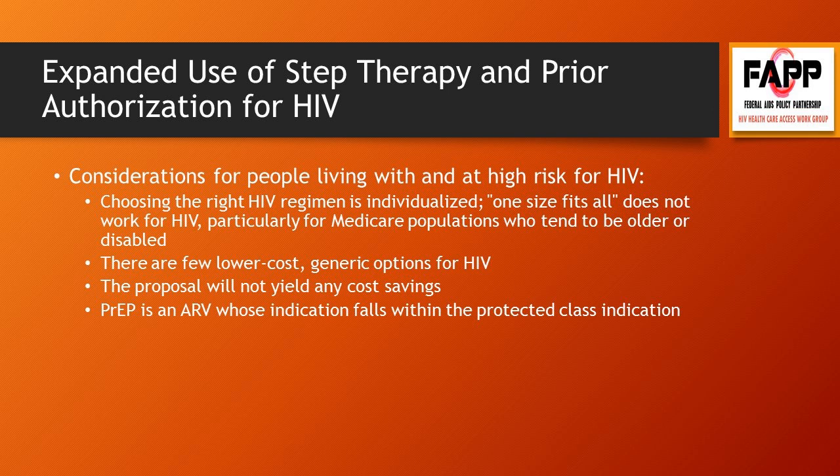But I think the problem with some of the proposals and some of the weakening of the utilization management techniques that we just talked about is that they end up being punitive to the consumer rather than actually promoting cost-effective care. So proposals that could incentivize value-based plan design, for instance, that are in keeping with HIV treatment guidelines, may be a better way to get at the ultimate goal here.